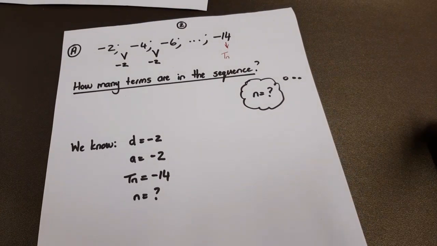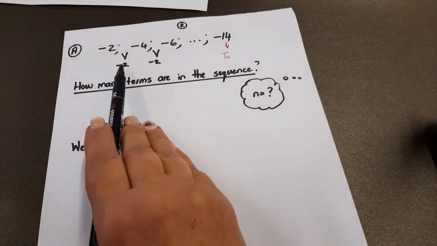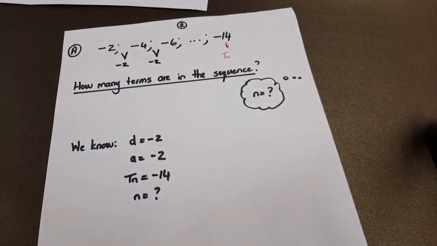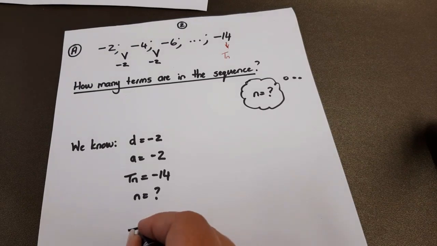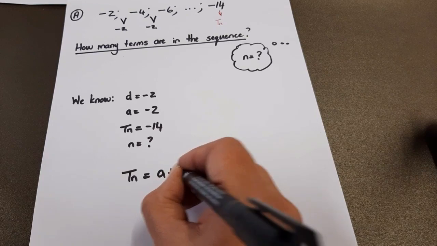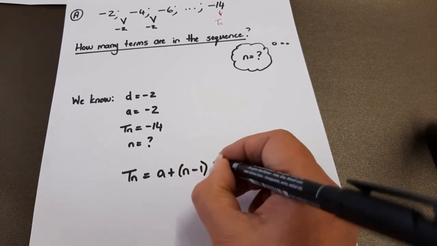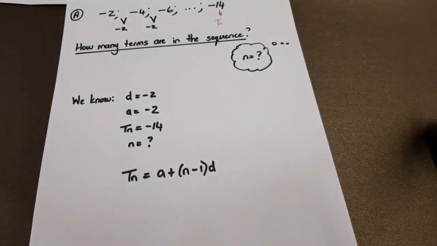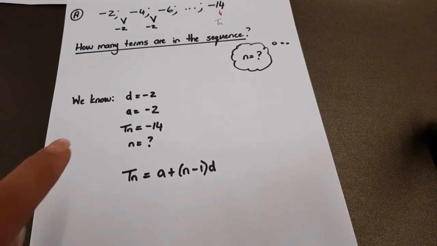Because we know this is an arithmetic sequence, we have a constant difference, we can use the general term formula. Tn equals a plus (n minus 1) times d. And now we substitute all the values that we have.